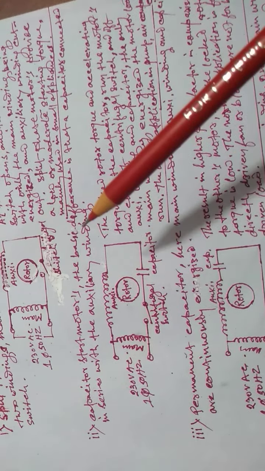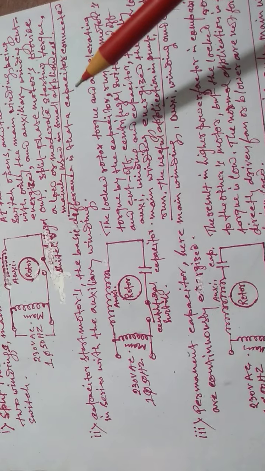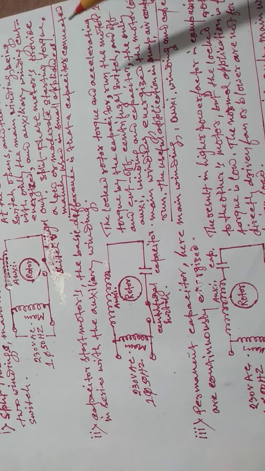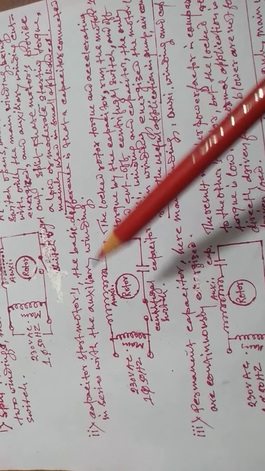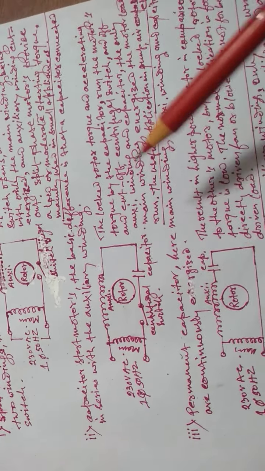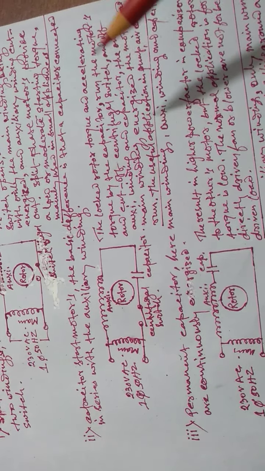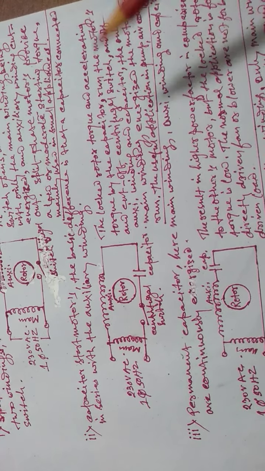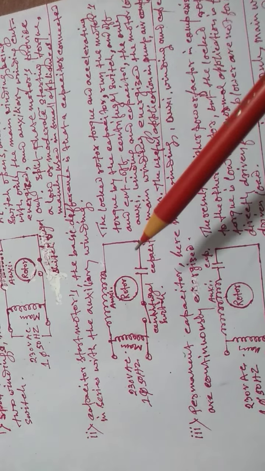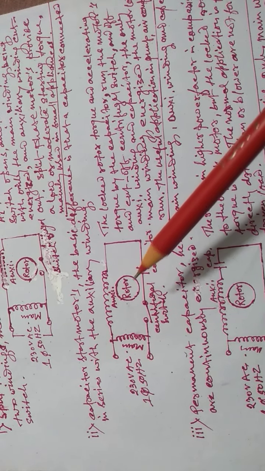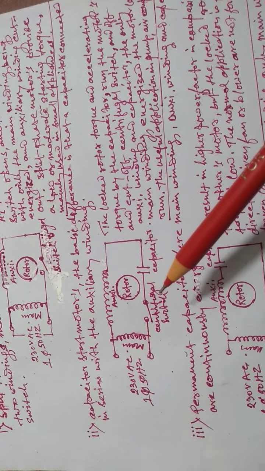The basic difference was already discussed: the capacitor is connected in series with this auxiliary winding. The locked rotor torque and accelerating torque are provided by the capacitor. This is the capacitor. This is the rotor. This is the centrifugal switch.